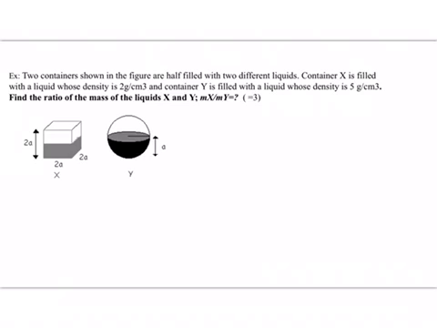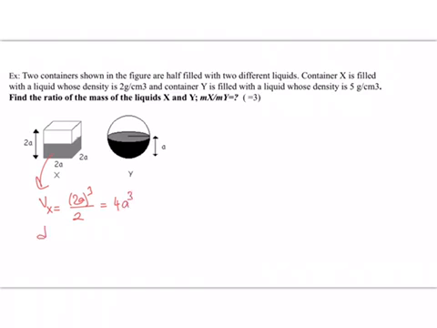We have two containers. They are half filled. The ratio of the mass of the liquids is asked. Now, the volume of liquid X is equal to 2a cube over 2, because they are half filled, which is equal to 4a cube.